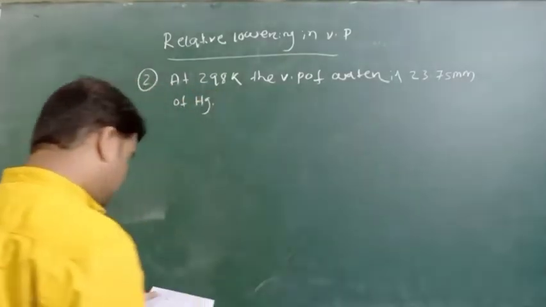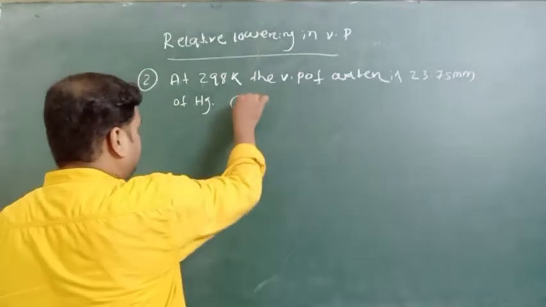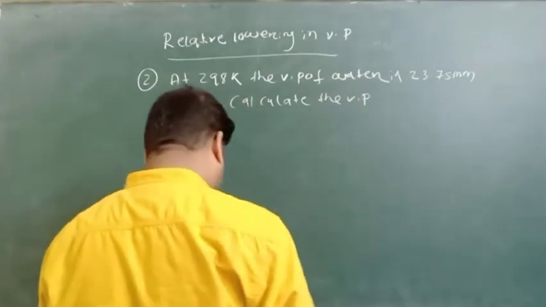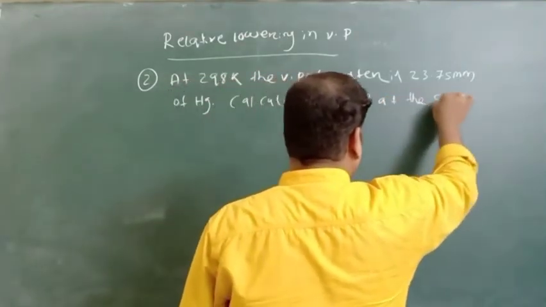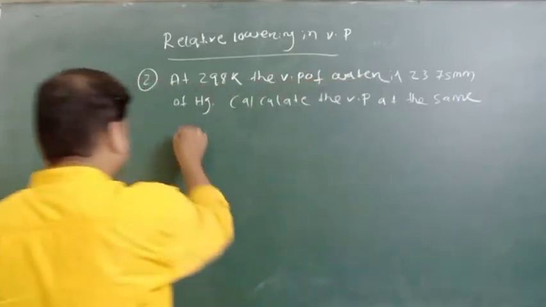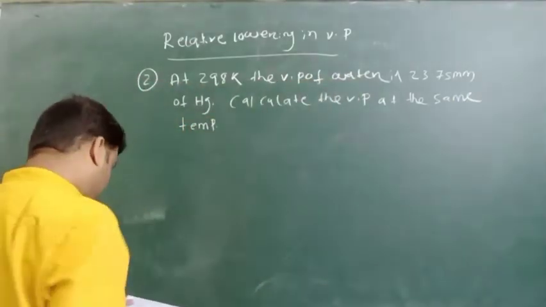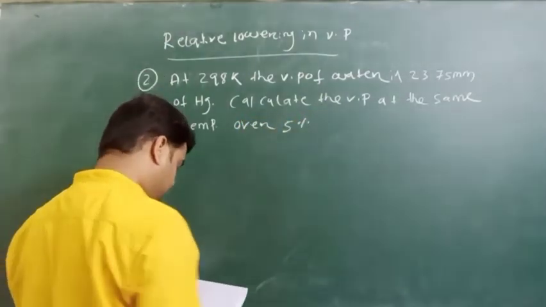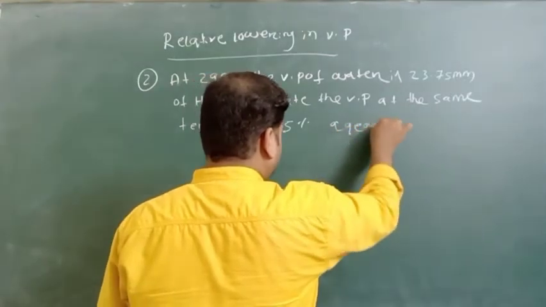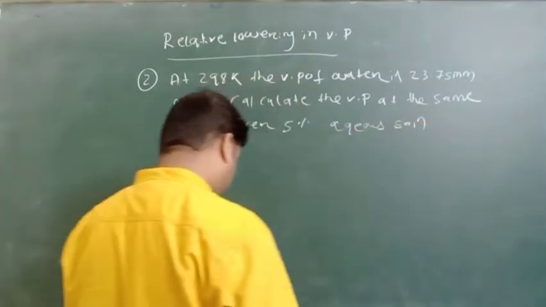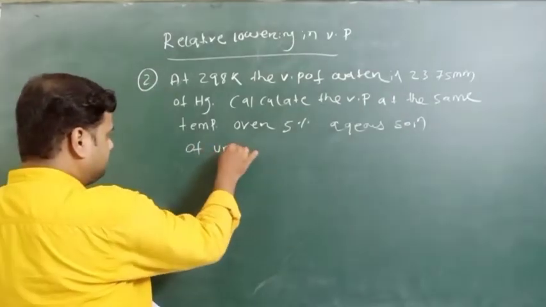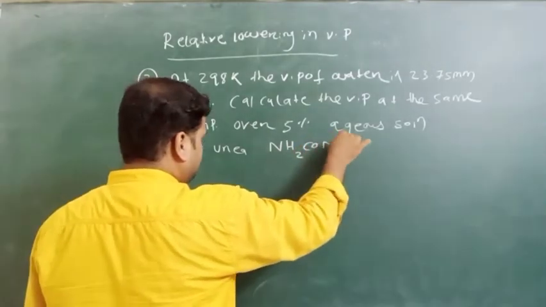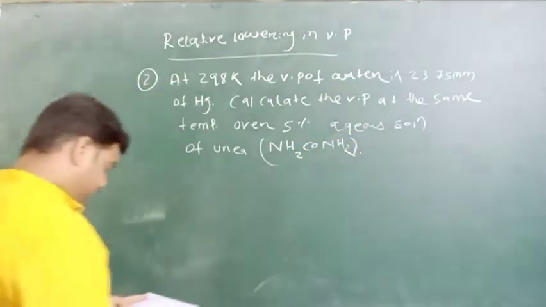Then calculate the vapor pressure at the same temperature over a 5% aqueous solution of urea. The chemical formula is NH2CONH2.